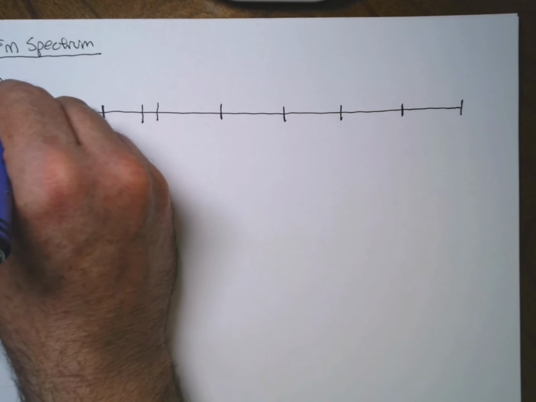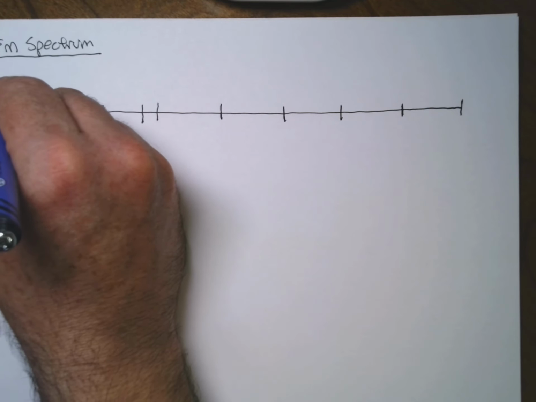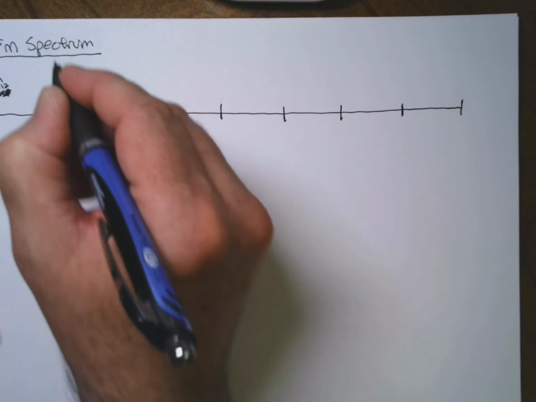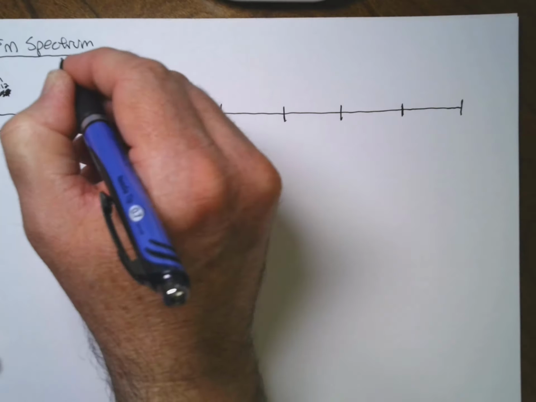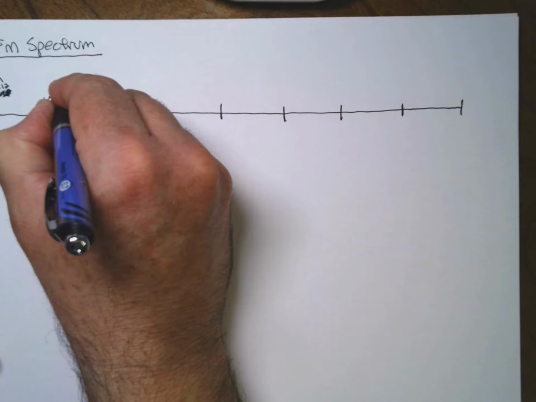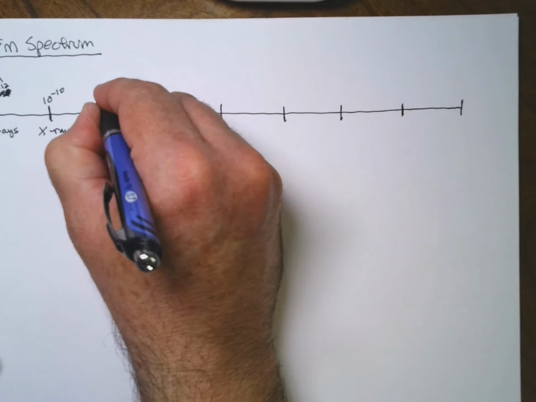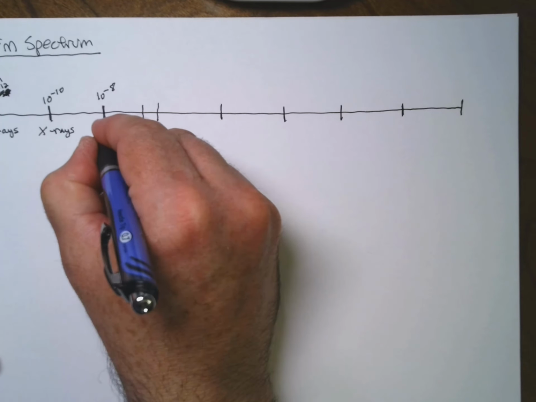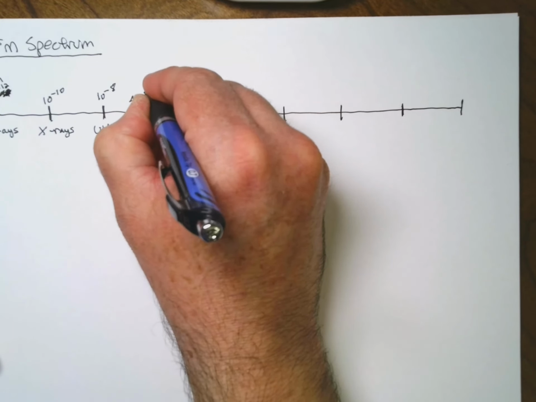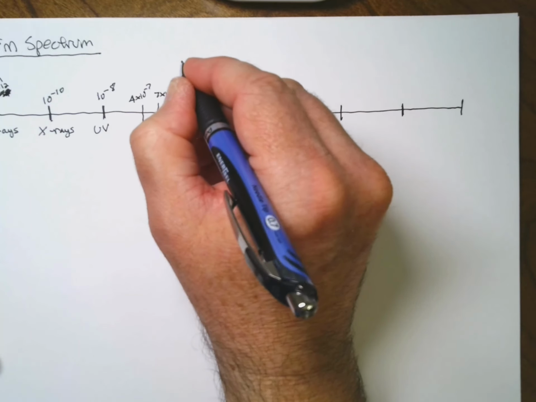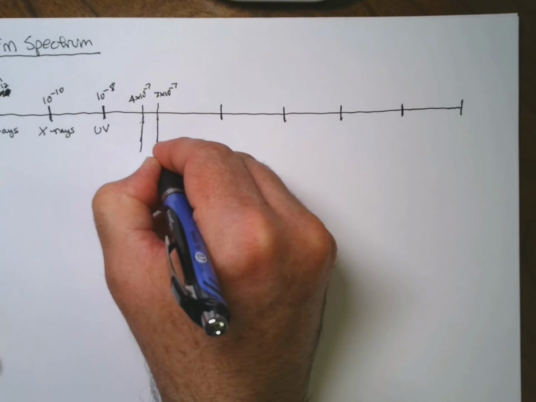Really short, 10 to the minus 12 meters, is gamma rays, so high energy radiation. 10 to the minus 10 meters is X-rays. 10 to the minus 8 meters is UV. And then we've got a region between 4 times 10 to the minus 7 and 7 times 10 to the minus 7, which is our visible. I'll expand that in just a minute.